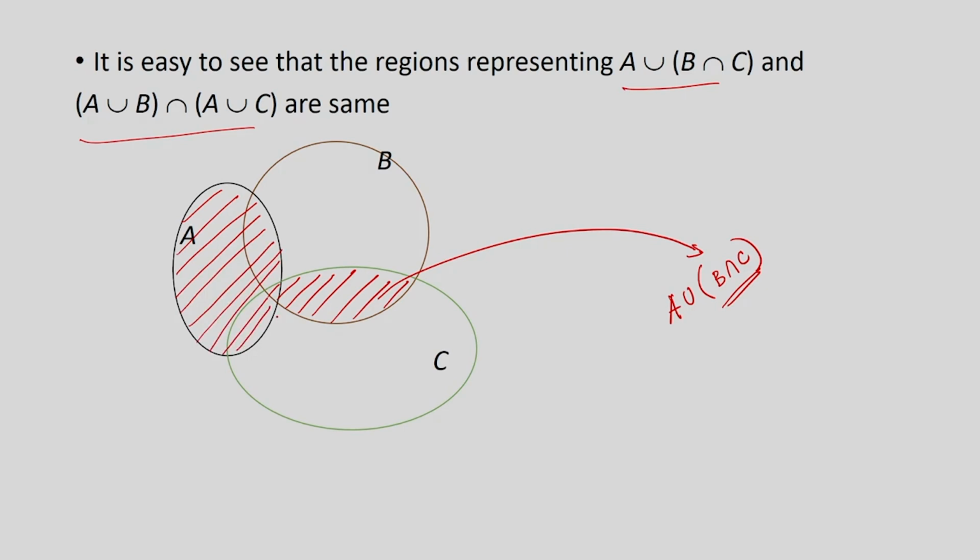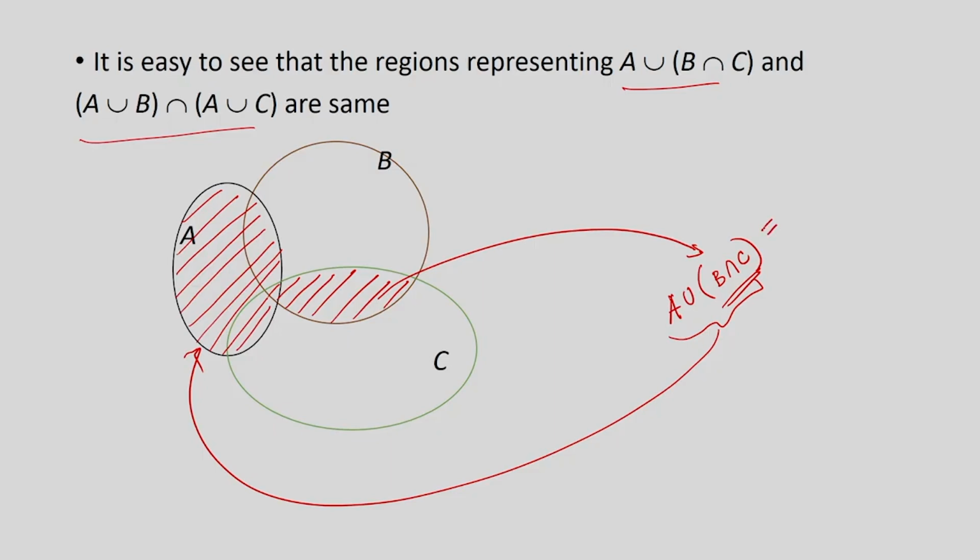Right. So, this red shaded region is what is A union B intersection C. Okay. So, this is the left hand side, mind you.